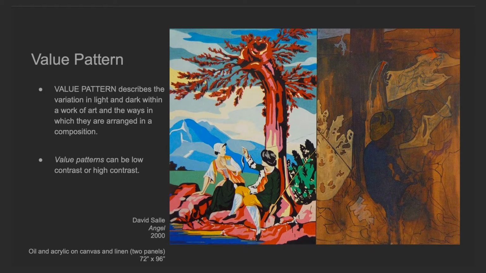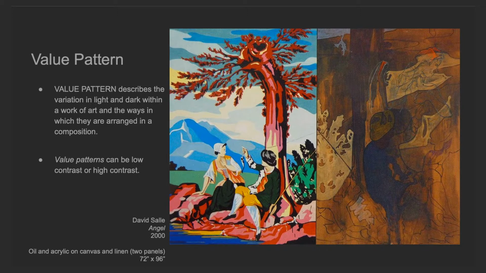But on the left side, this is a high contrast image, and we have a greater difference between the lights and the darks. The lightest light is almost white, and the darkest dark is just about black. So that in itself is high contrast.